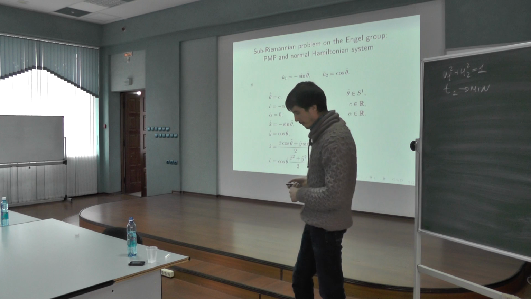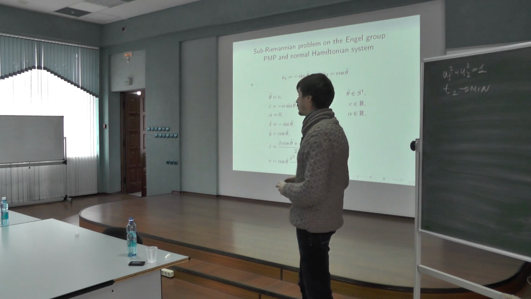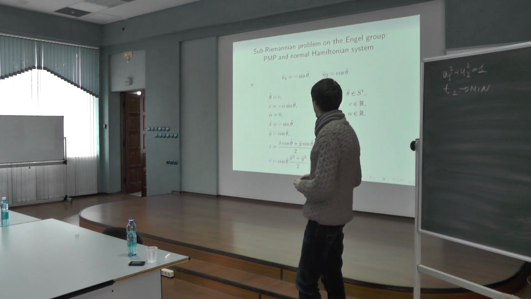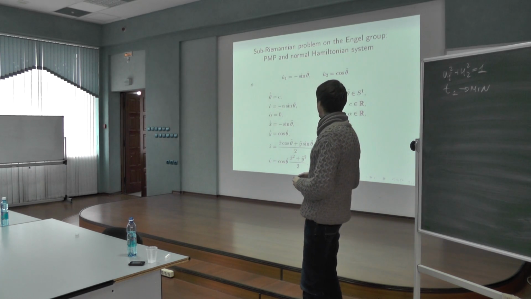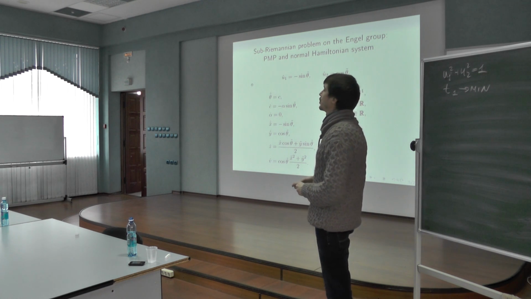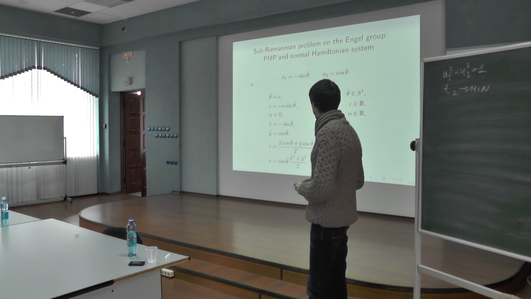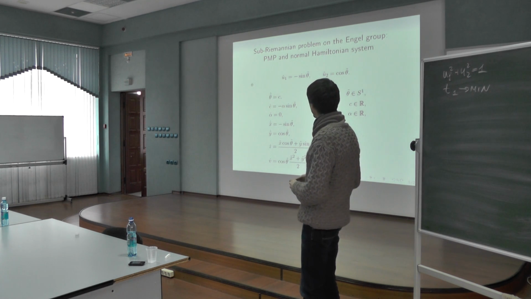So optimal controls exist because of Filippov's theorem, and we can apply the Pontryagin maximum principle. Since we have no strictly abnormal curves, let's go directly to the normal case.